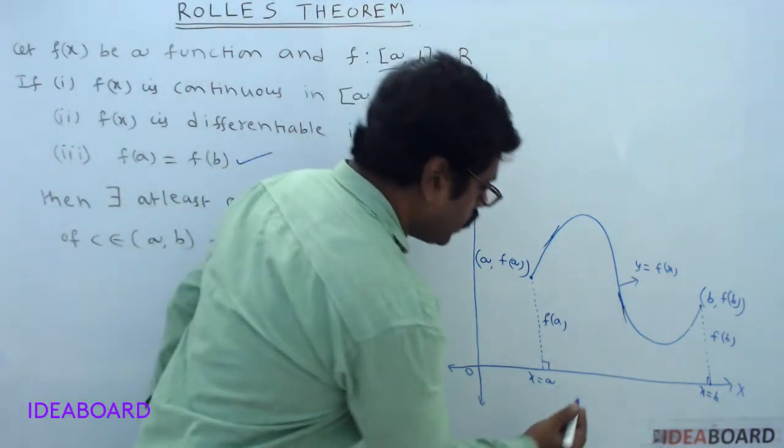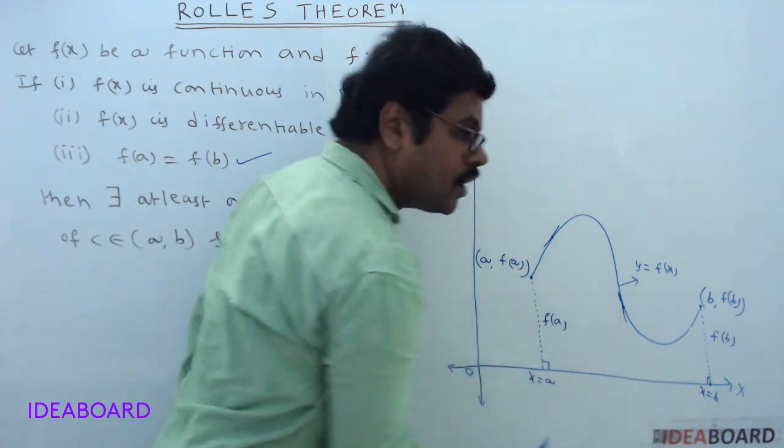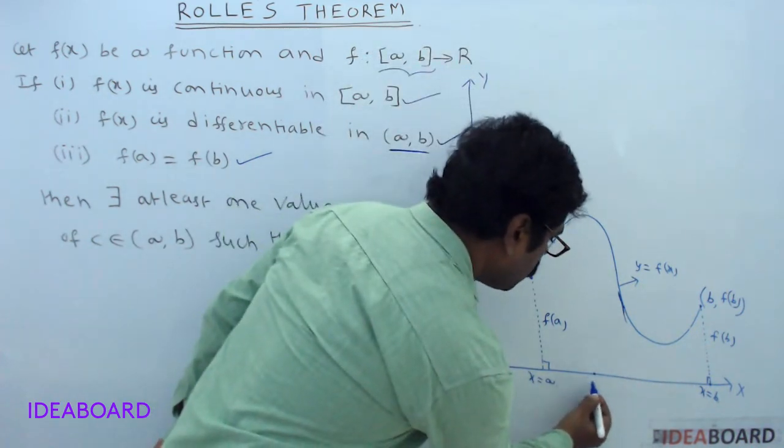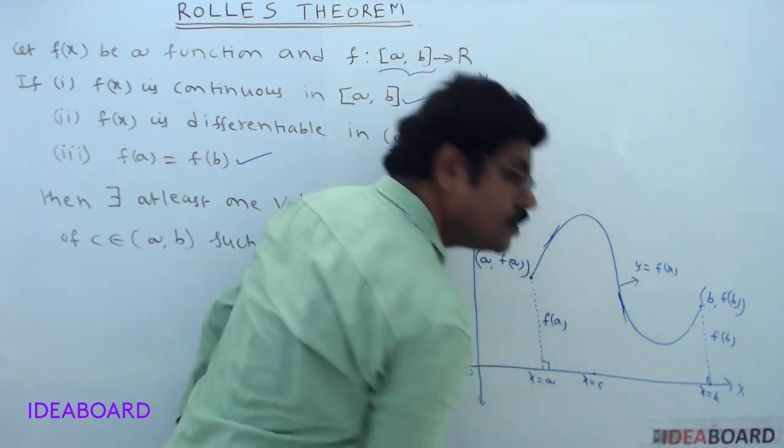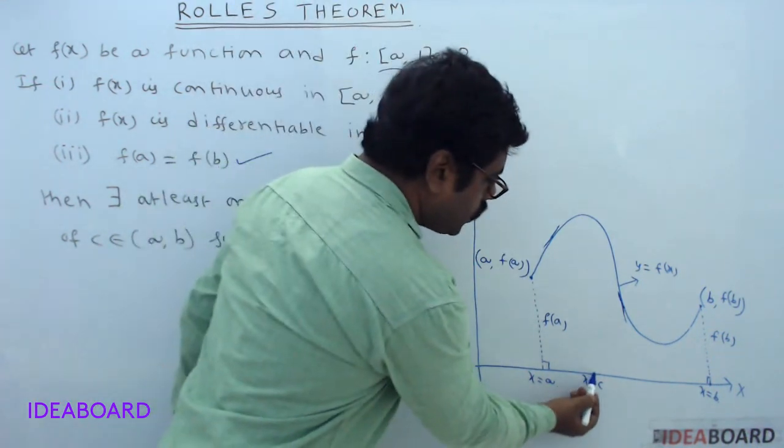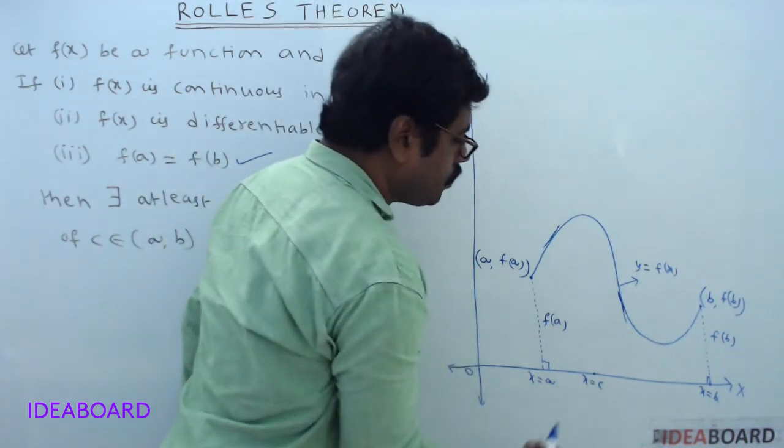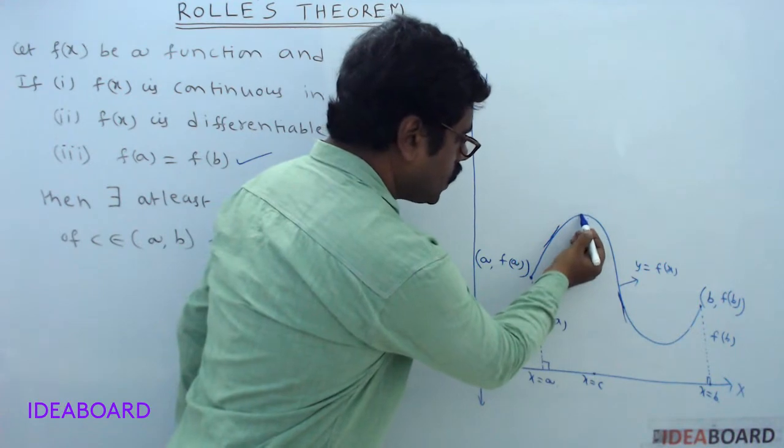Now take a point C between A and B. Suppose this is the point C. Now corresponding to this C, denote a point on the graph of the function.